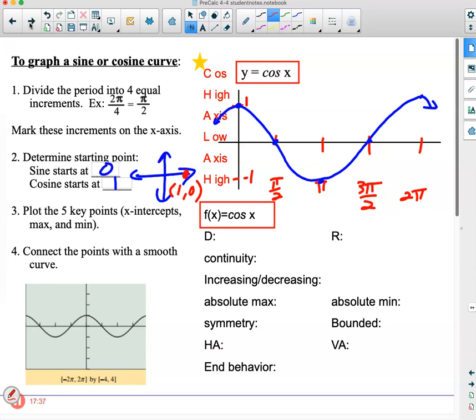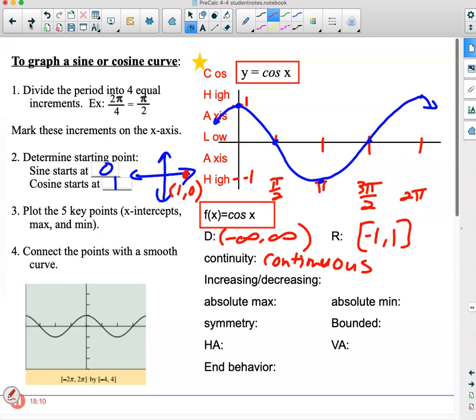So like I said, we get used to these steps. We're going to see a lot of repetition over here for domain, range, and all of that wonderful stuff. Domain from negative infinity to infinity. Range, negative 1 to 1, including the negative 1 and 1, so that's the square brackets. Still continuous. Didn't have to lift my pencil or marker up at any point while I was drawing that graph.